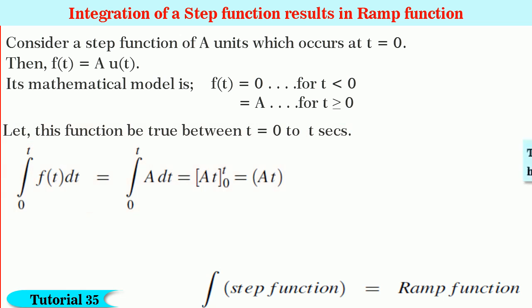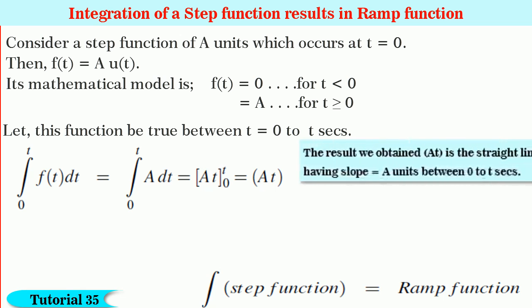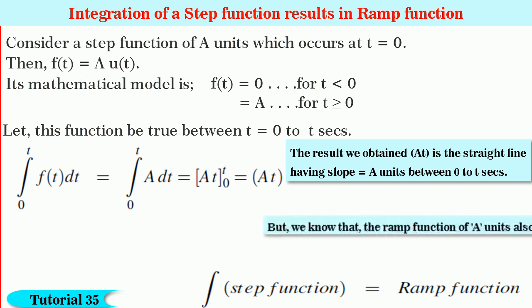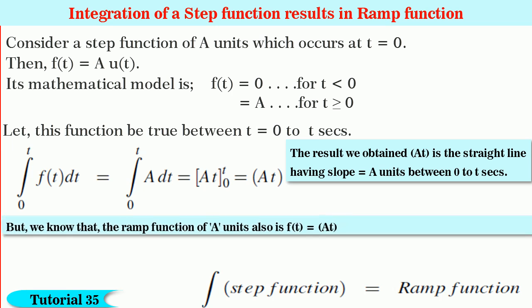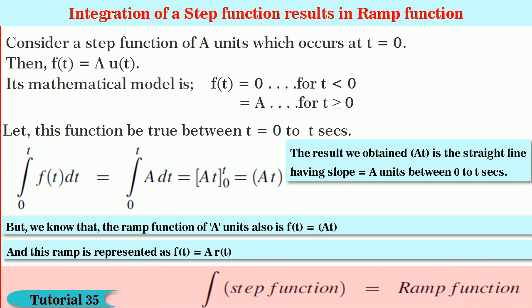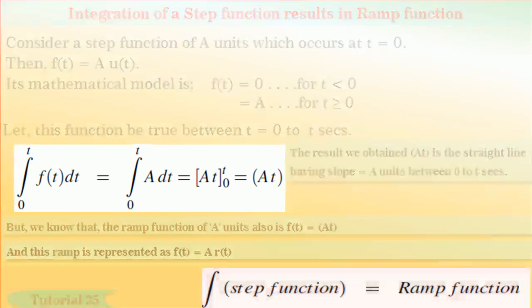The result we obtained, AT, is the straight line having slope equal to A units between 0 to T seconds. But you know that the ramp function of A units also is represented as f of t equal to A into t, and this ramp is represented as f of t equal to A into r of t. Thus, we can say that the integration of a step results in a ramp function.